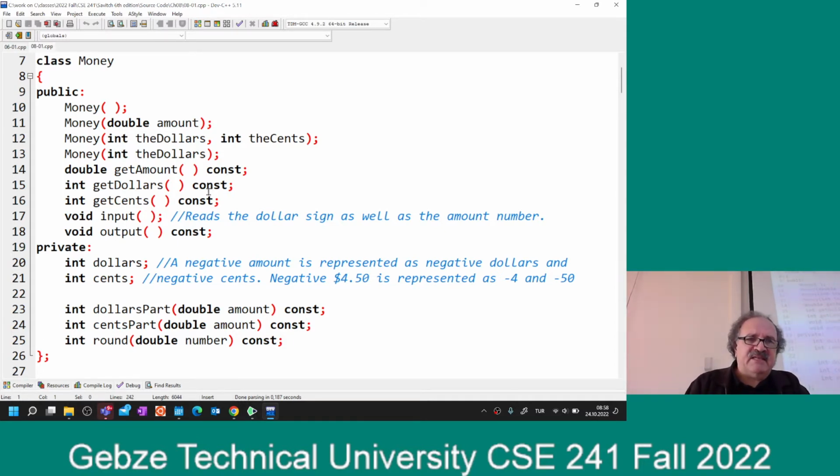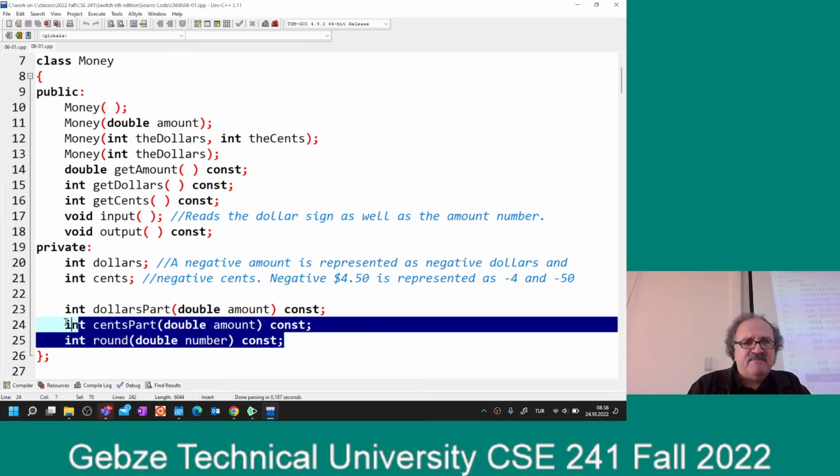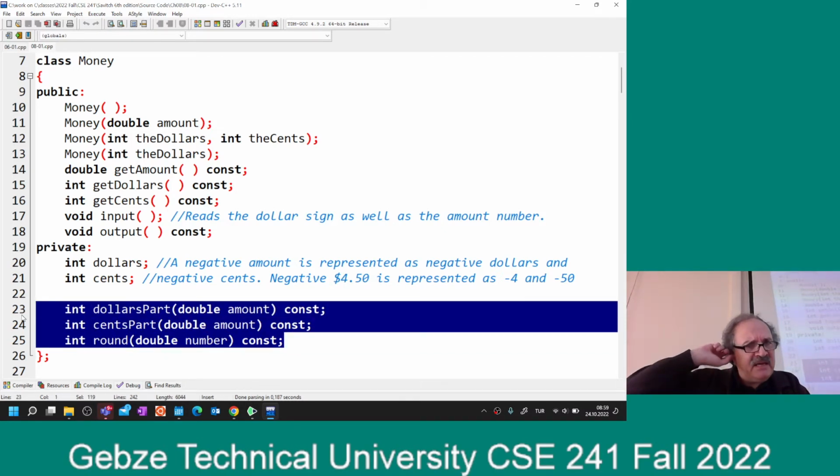Our nice constant function modifiers, dollars part and cents part. And remember, I didn't like these. Can anybody tell me why I didn't like these? Why are these not likable as class function members, even though they are private?